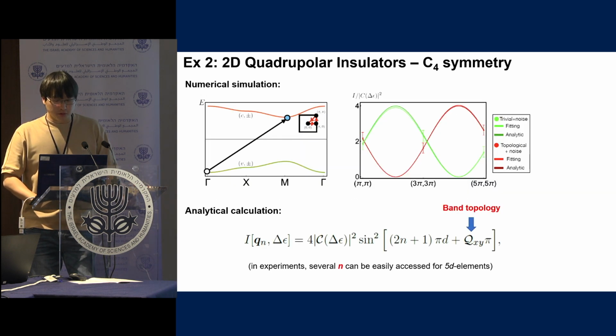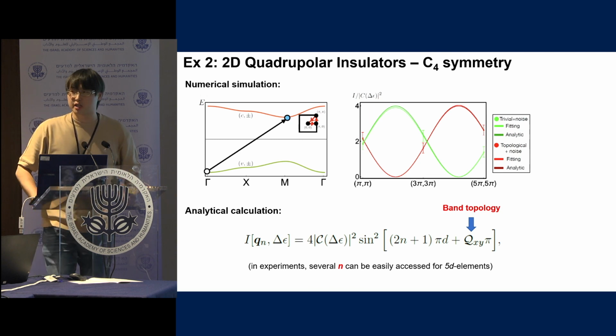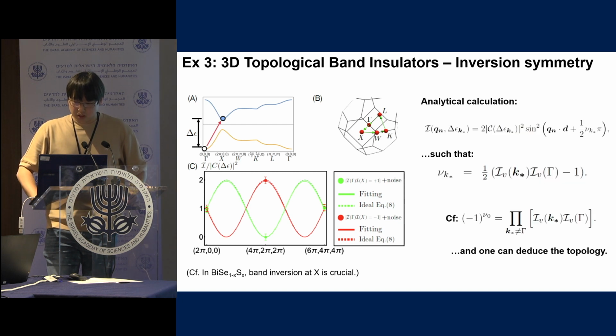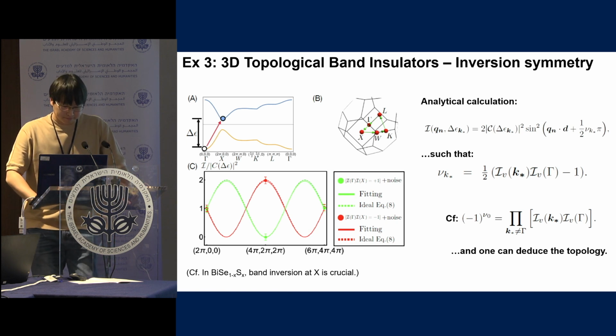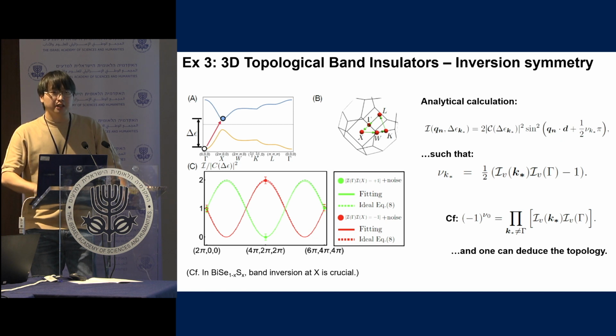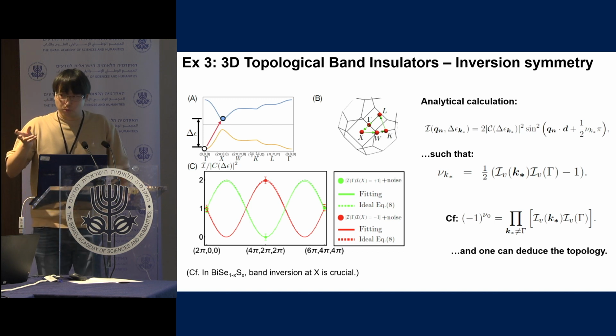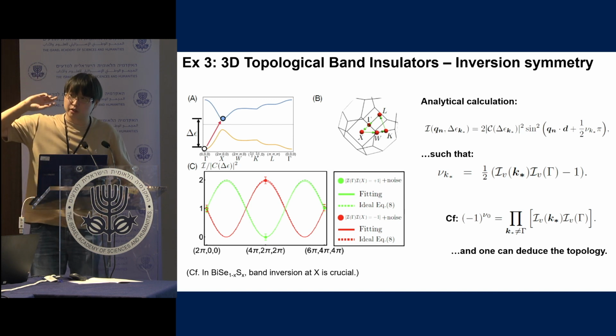This kind of approximation is known as the fast collision approximation, where you control the electron that drops from the value that you want. You pre-select and post-select according to the outgoing momentum. In the RIXS experiment, you can control the polarization, which will select which orbital to be excited.